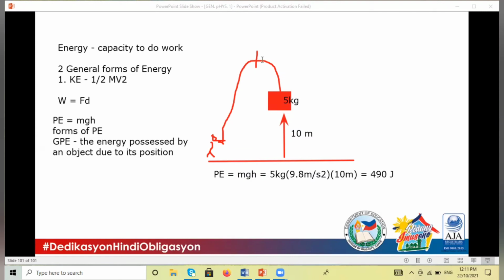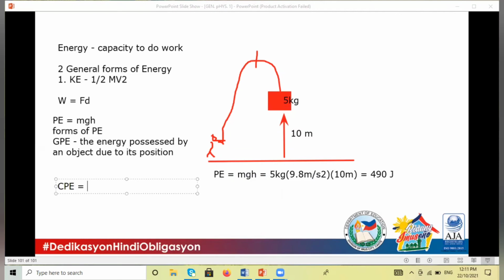Aside from gravitational potential energy, we have also another form of potential energy, which is the chemical potential energy.